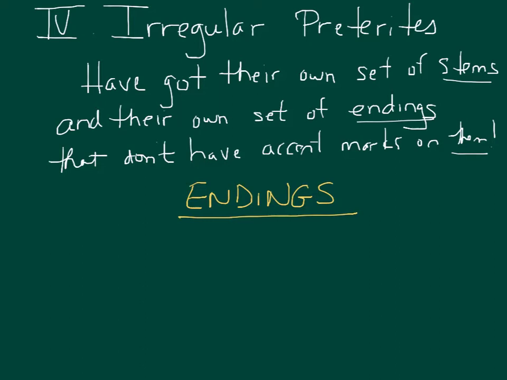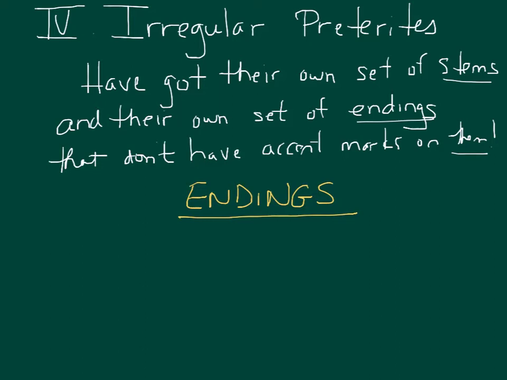So now we've gone to the irregular preterite group, and this is a very unique group that works in a very unique way. One thing that's really important about the irregular preterites is that each verb in this category has got its own stem. So all the irregular preterites have got their own set of stems. They also have their own set of endings that don't have accent marks on them.